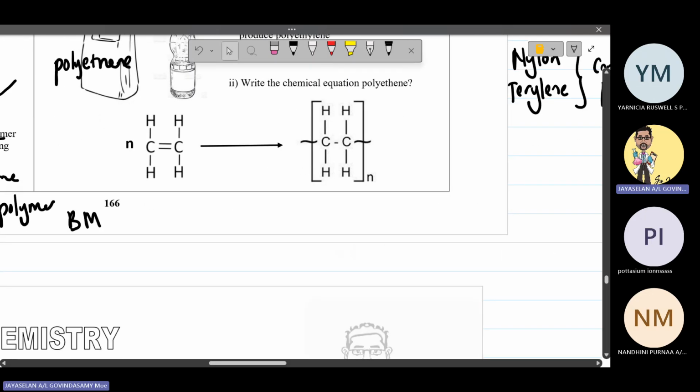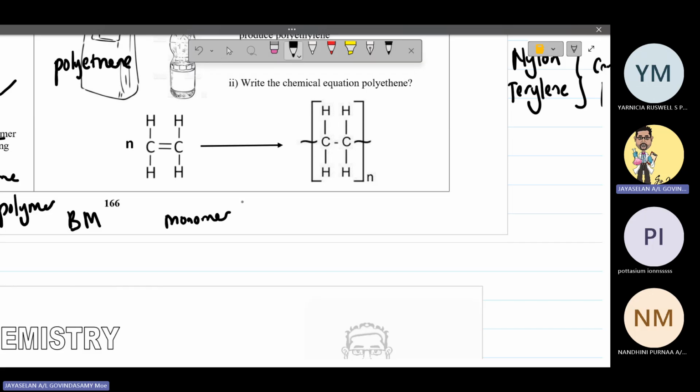So how to do this equation? You write the monomer name. What is the monomer name of plastic bag? Ethene, right? So you put ethene. How to draw the structural formula? C double bond, top and bottom, you put H, H, H, H. Then you put one n here. After that the arrow.